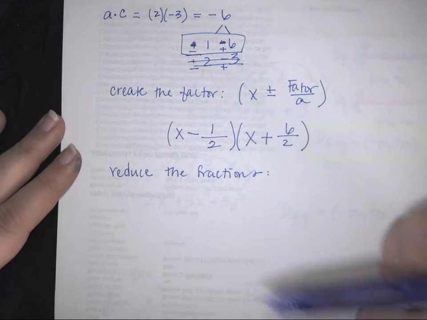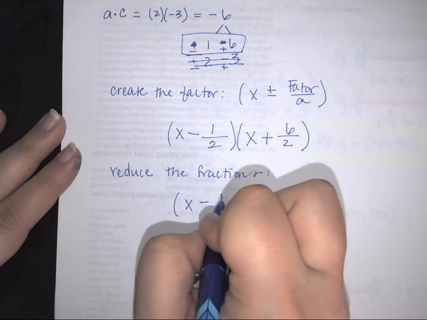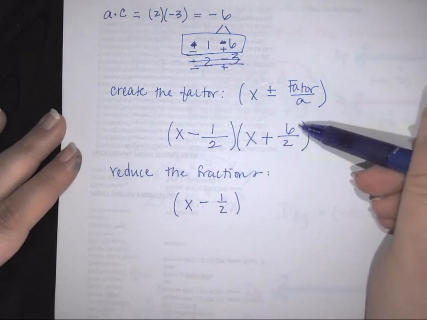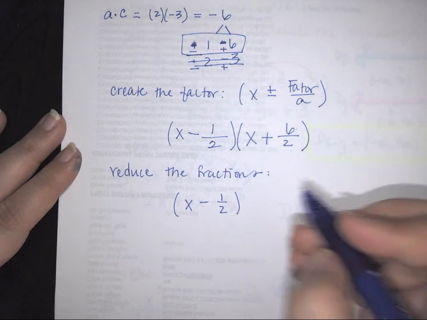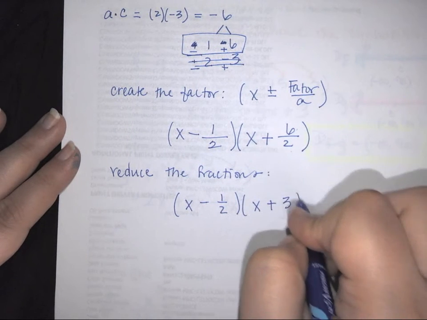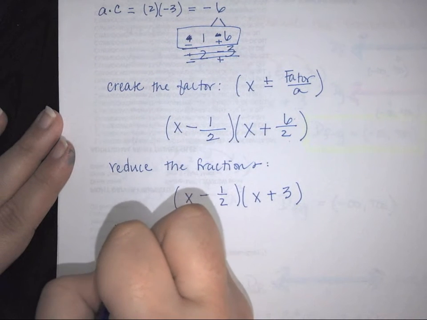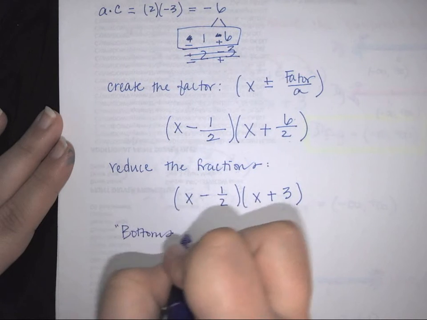So 1 over 2 does not reduce, so this is still going to be x minus 1 half. But 6 over 2 does reduce. 6 over 2 becomes 3, so then this is x plus 3. And the last thing you have to do is the bottoms up.